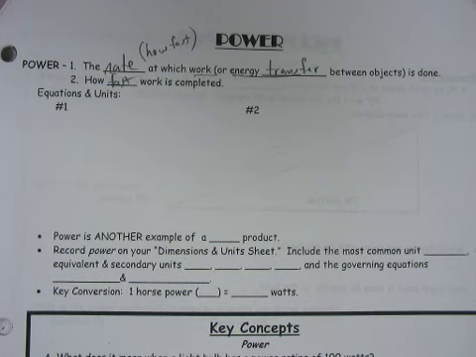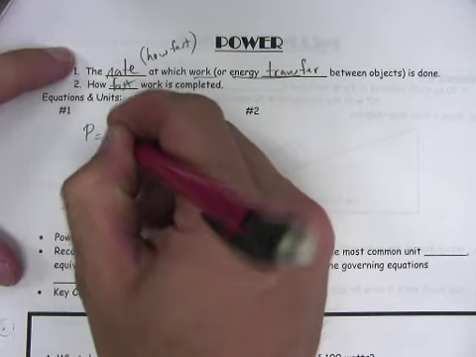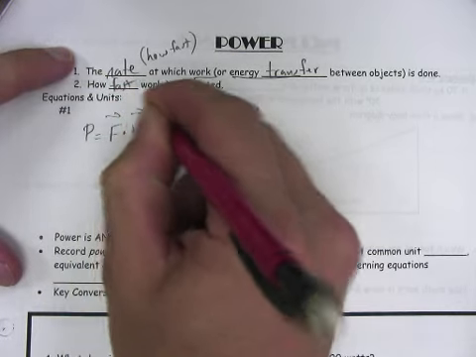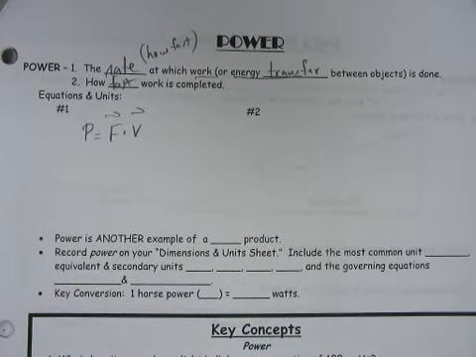It's power. All right, we have two equations. The first equation I'm going to give you is kind of a fancy one. It's one that we won't use too often, but we're going to use it to get to another equation here in just a moment. All right, so power is really the dot product between the force you exert and how quickly you're moving, or the object, or whatever it is that you're doing.